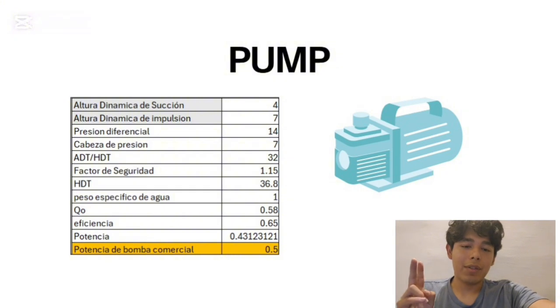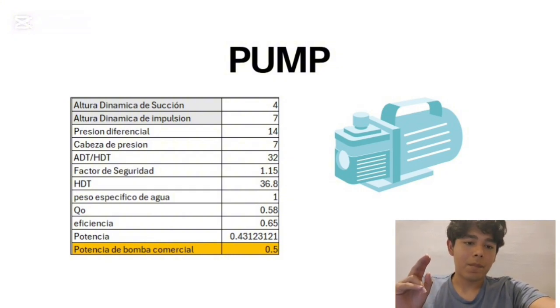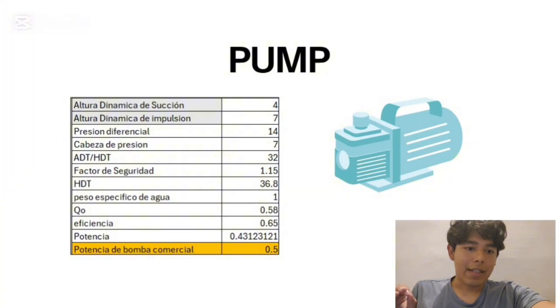With that, we calculate the pump with the dynamic height, dynamic suction, and impulsion. We have two types of that, and we add the differential pressure and the head pressure that we can calculate with that 4, and we can have the 32, and we increase it with the safety factor to 36.8.